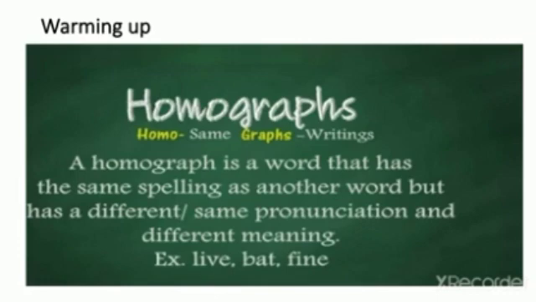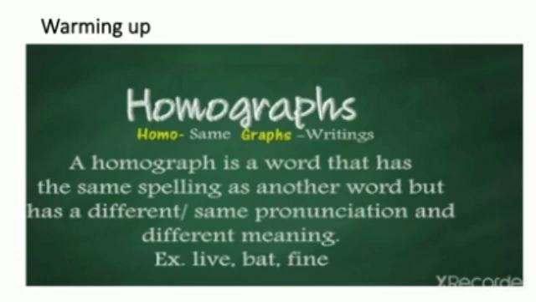Bat means the tool which you use to play cricket or any other game, the badminton racket, the bat. Another sentence is using the same word bat but with its meaning an animal. The bat is usually seen during night time.